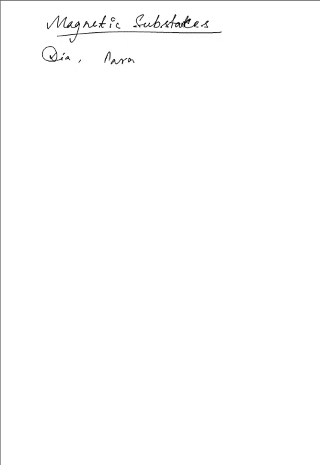Hello, in this video we are going to continue with the topic of magnetism and matter, and we'll be discussing the last part of it, that is the magnetic substances, the different types of magnetic substances, where we have the dia, we have the para, and we have the ferromagnets.